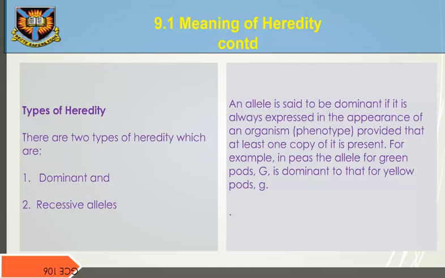Types of heredity. There are two types of heredity, which are dominant and recessive alleles. An allele is said to be dominant if it is always expressed in the appearance of an organism, phenotype, provided that at least one copy of it is present. For example, in peas, the allele for green pods, G, is dominant to that for yellow.